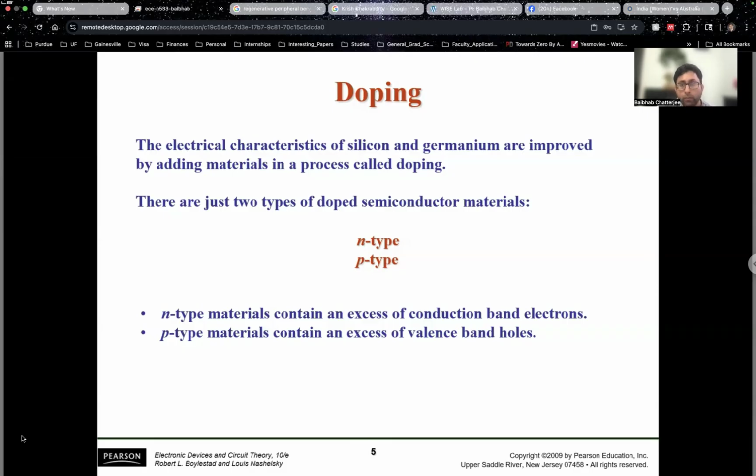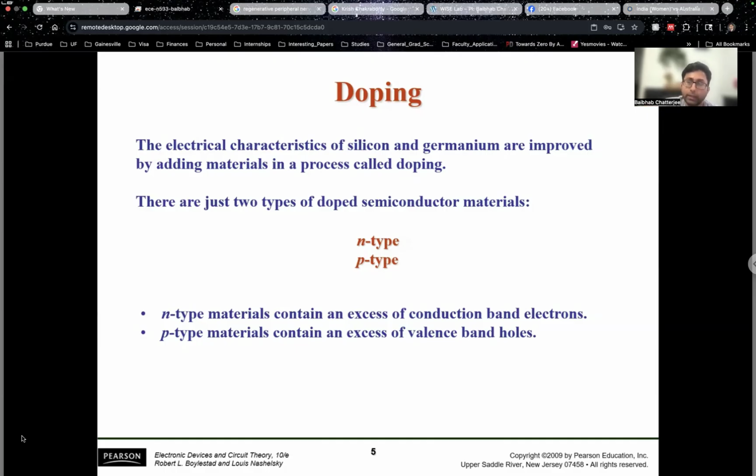But if you dope the material with excess conduction band electrons, so let's say you create an n-type material with phosphorus impurities, for example, or you create p-type materials with boron impurities, in that case what would happen is that you'll get excess electrons or excess number of holes. So you're just increasing the number of free electrons that can move around.